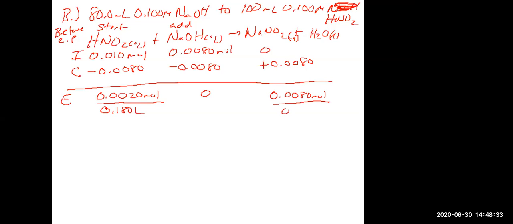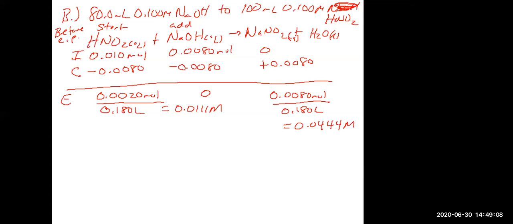That gives us 0.0111, and on the other side, 0.008 divided by 0.18, 0.0444. Any questions so far on the ICE table?